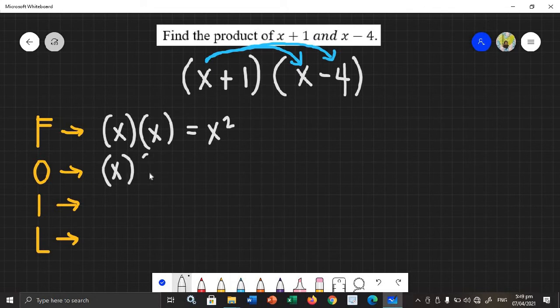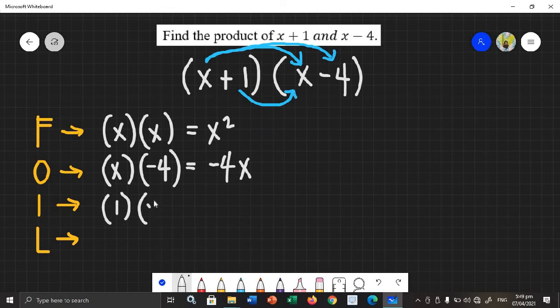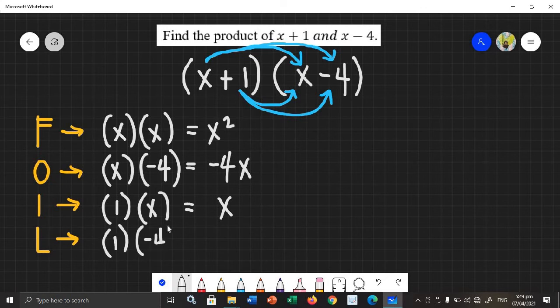X times negative 4, the answer here is negative 4x. And then for I, you need to multiply the inner terms, which is positive 1 and x. 1 times x, that will result to x. Okay? And then we need to multiply the last terms, positive 1 and negative 4, and that will result to negative 4.